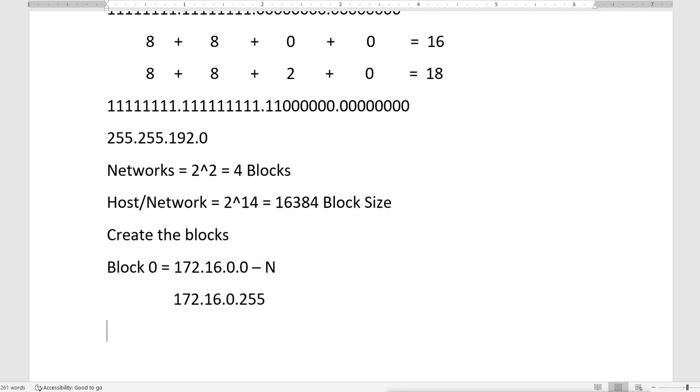That means after this 172.16 dot, it becomes 1, and then it becomes 0. Then again it will start from 172.16.1, and it will reach up to 255.